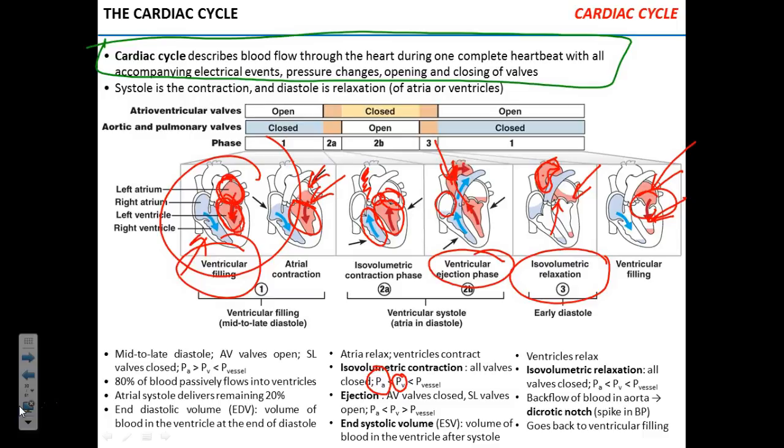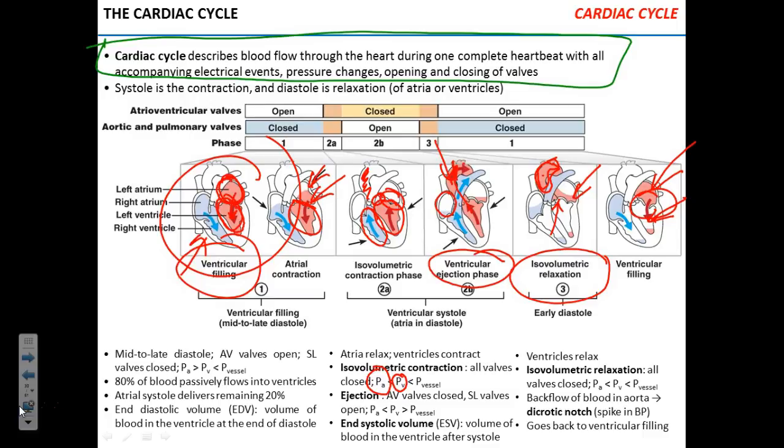The semilunar valve that separates the ventricle and the vessel, I have only two hands, unfortunately, is also closed. So the ventricle starts to contract, and that's isovolumetric contraction.